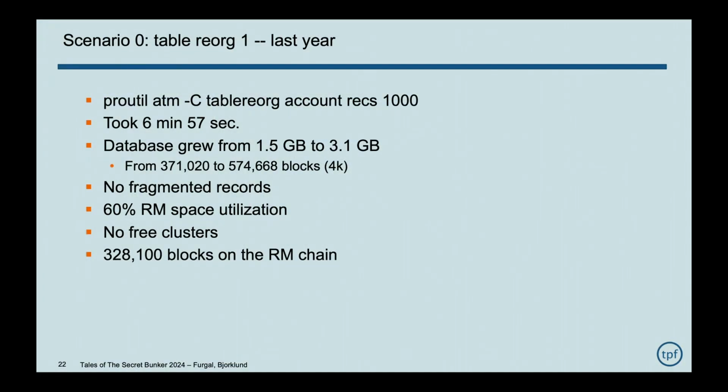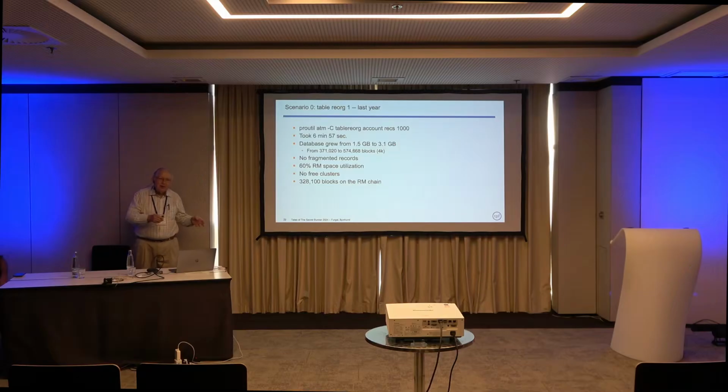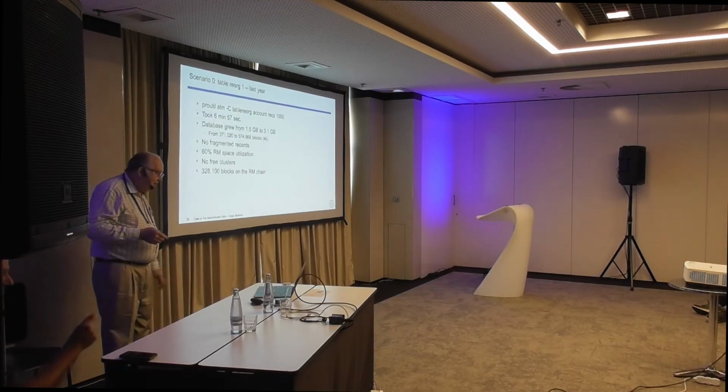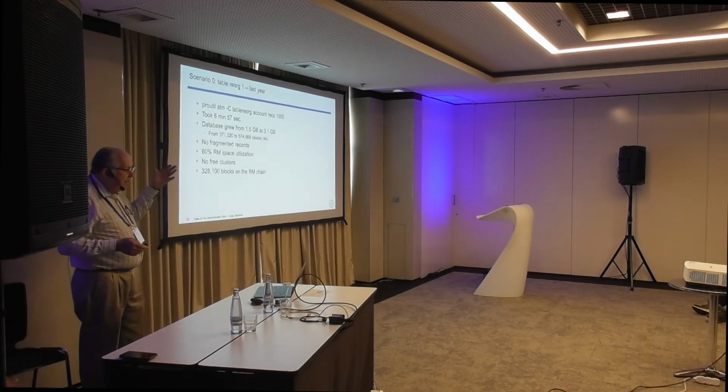So now when you run table reorg on this, it shouldn't do anything, because all the records are in the right order already. So reorganizing an already organized table shouldn't happen. So that solves mystery 1 from last year.